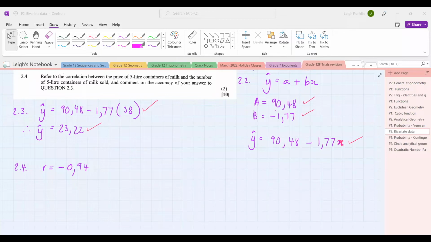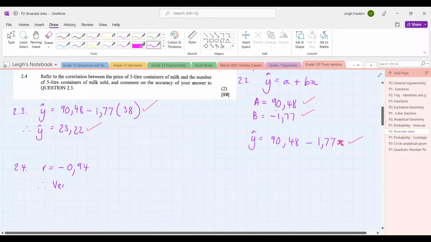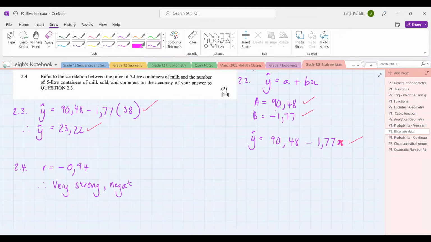So if R is equal to negative 0.94, that means there is a very strong negative correlation. Now, the reason that it is strong, obviously it's negative because it's got a minus in front, but remember, R is a number that has to be between -1 and 1. If R is equal to 1, then we would call that a perfect positive correlation.